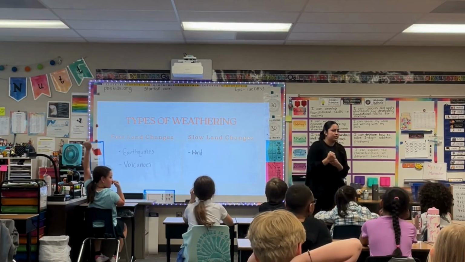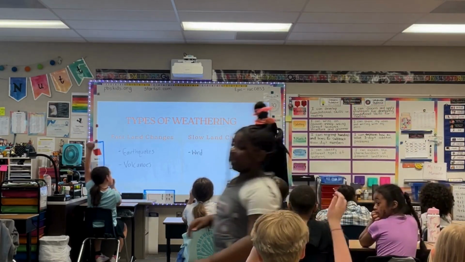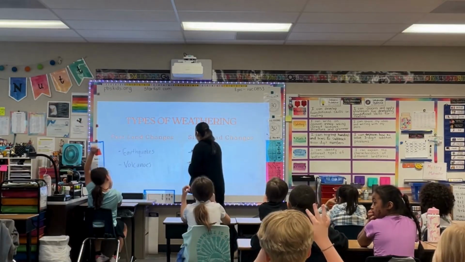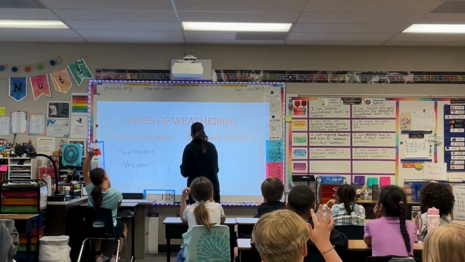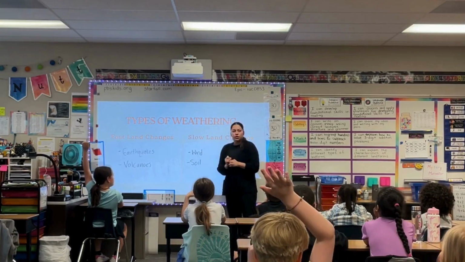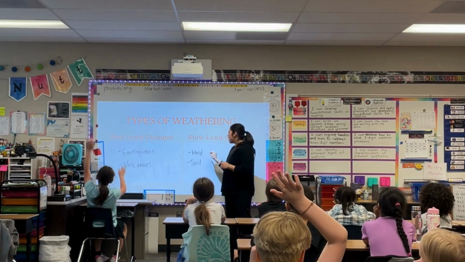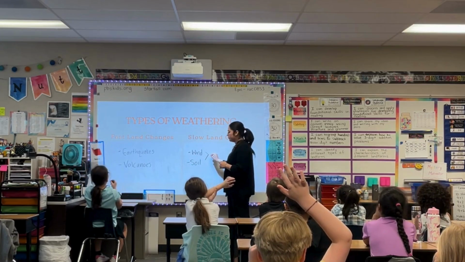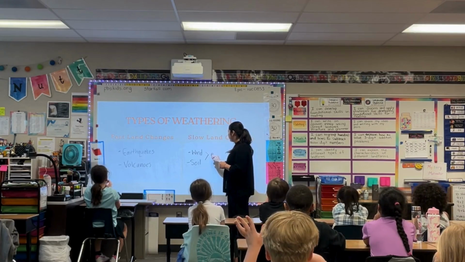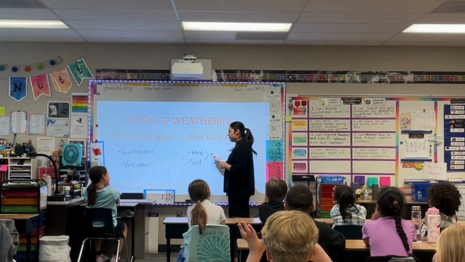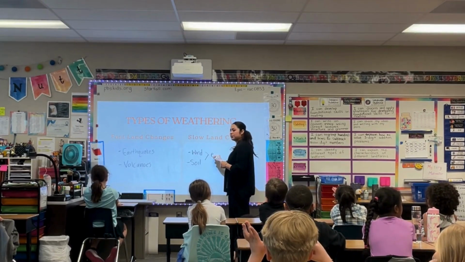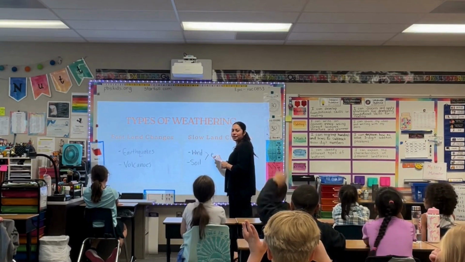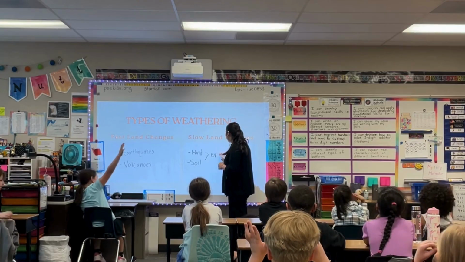Josiah? Soil? I also agree with that one. And these are types of... Emily? Mila? Erosion.